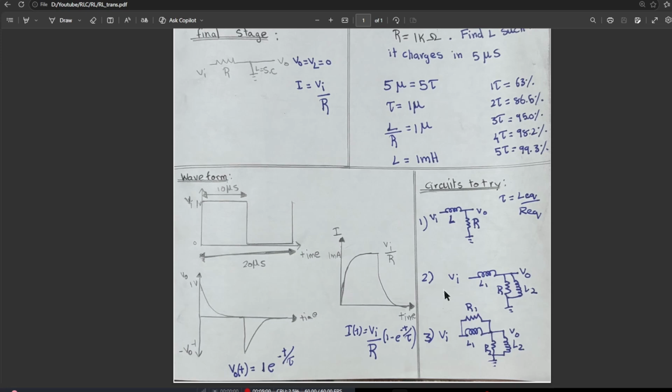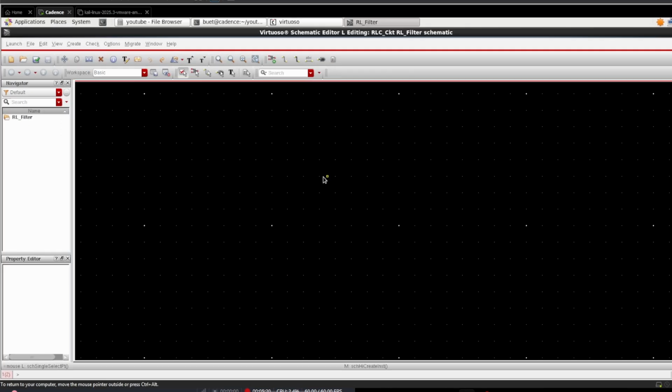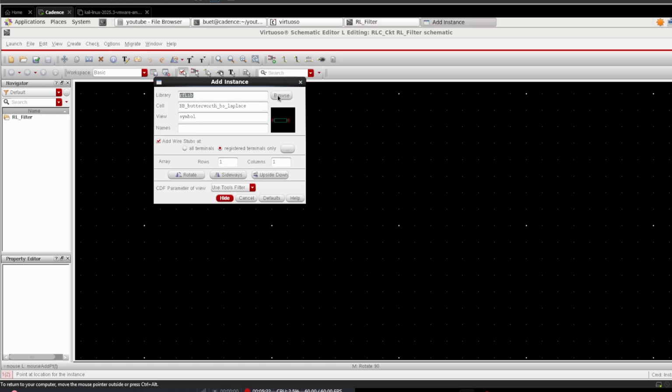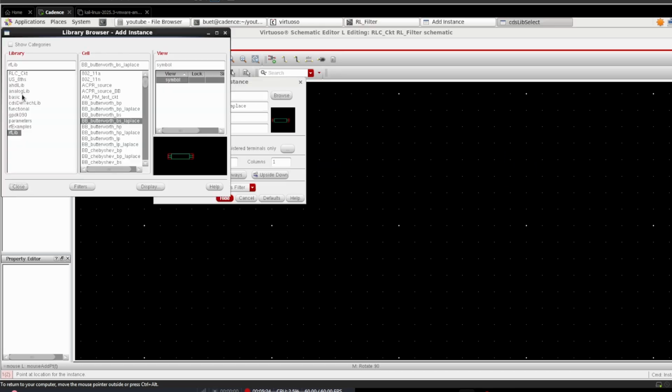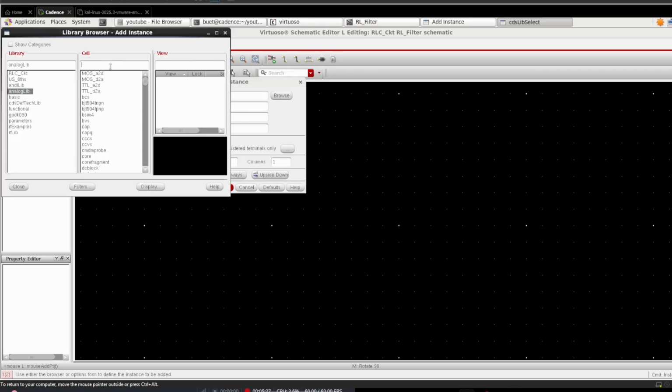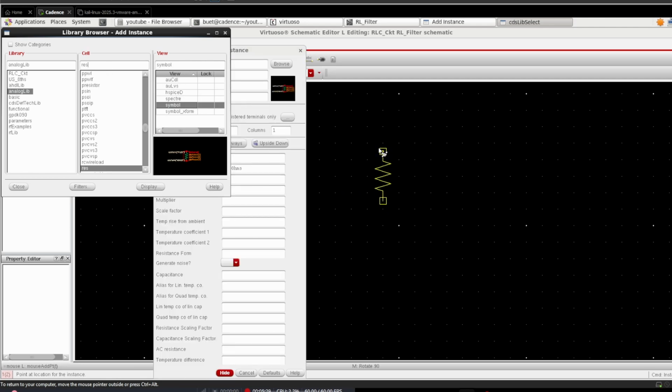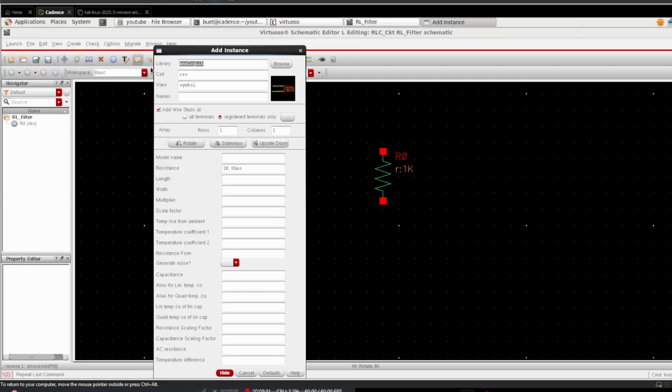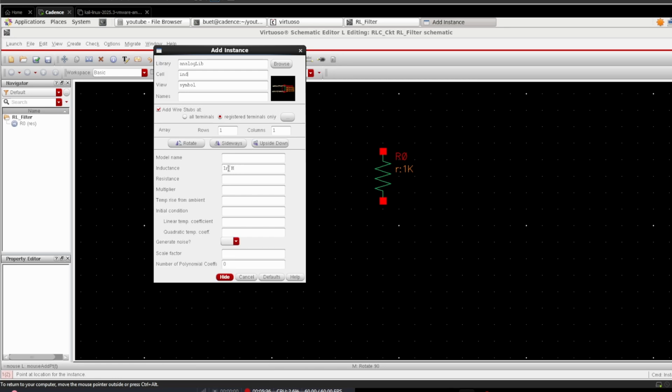So now let's try to simulate the circuit. Open your Cadence, press I on your keyboard to open the add instance window, click browse, go to your analog library, find your resistor, place your resistor, go to the add instance window, find your inductor, and our inductor is found out to be 1 millihenry.